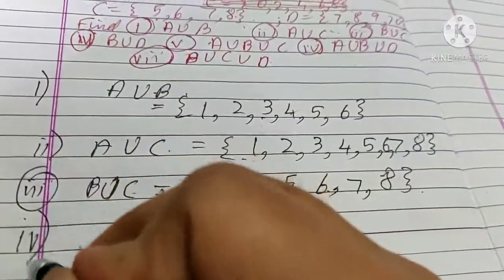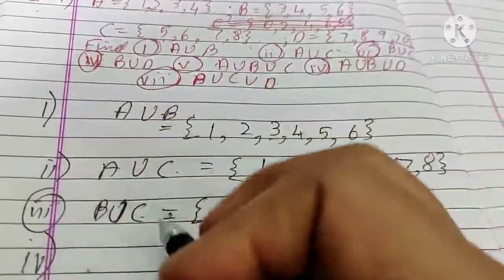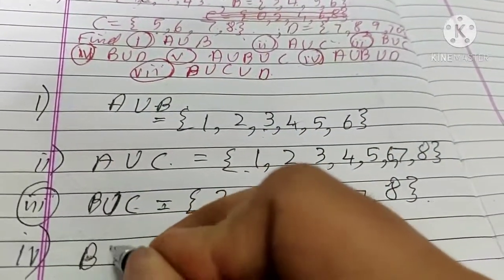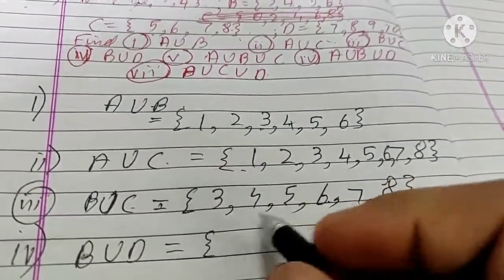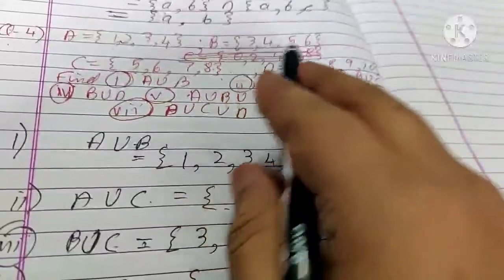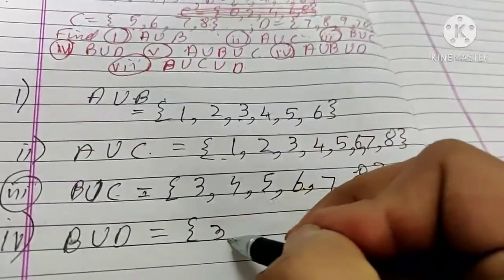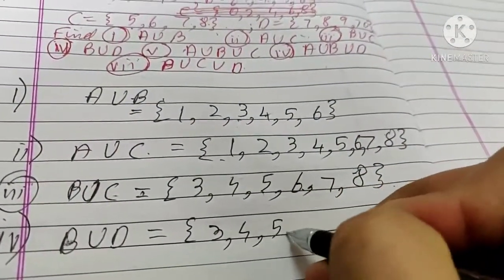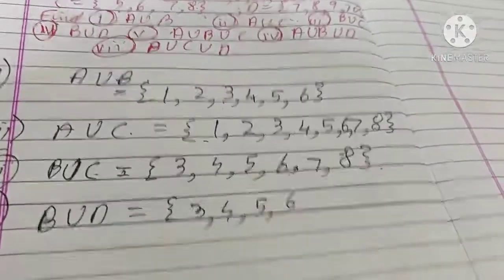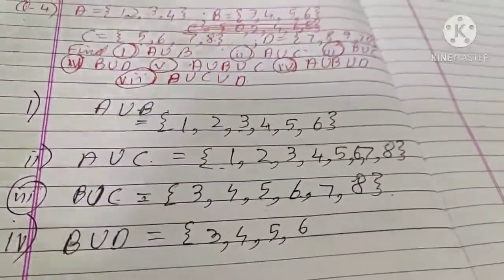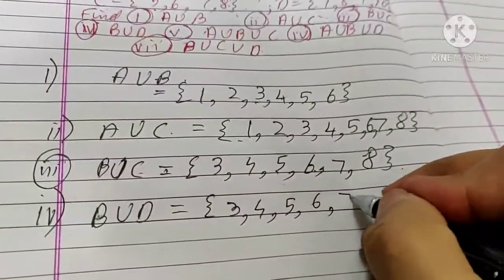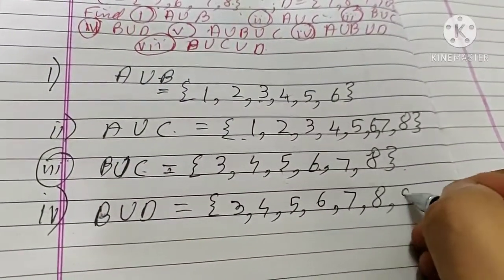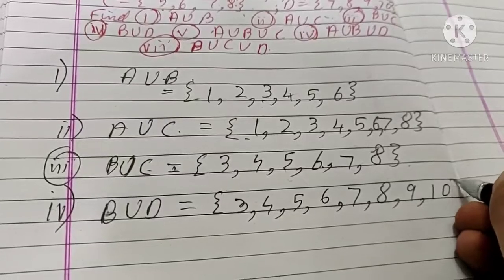What is fourth? The fourth set is B union D. Taking B first, 3, 4, 5, 6. Okay, now D. D here is 7, 8, 9, 10.